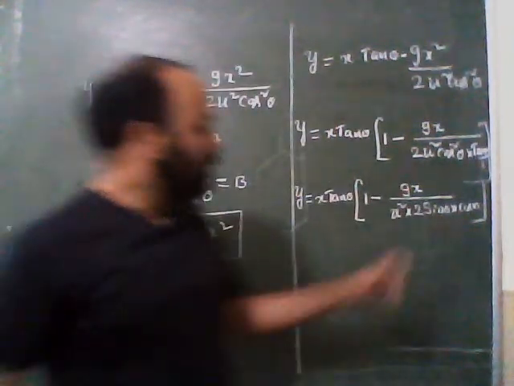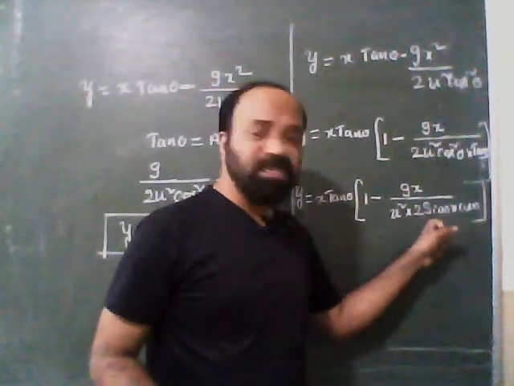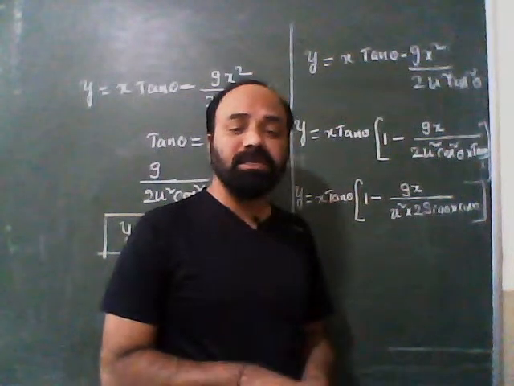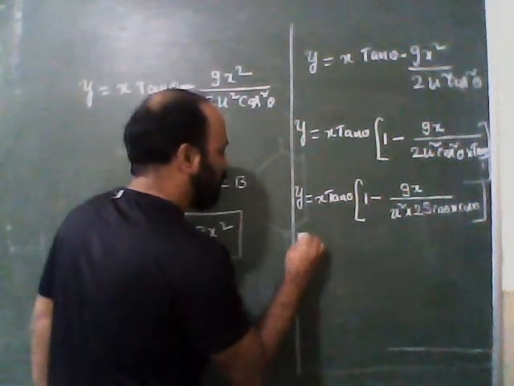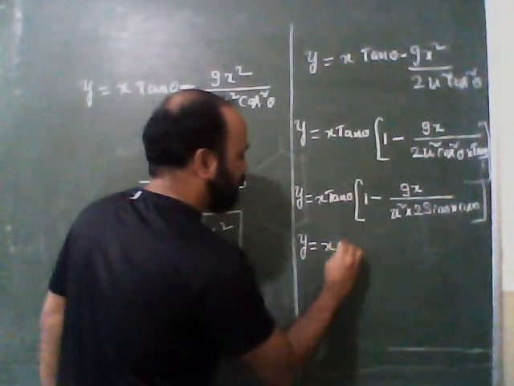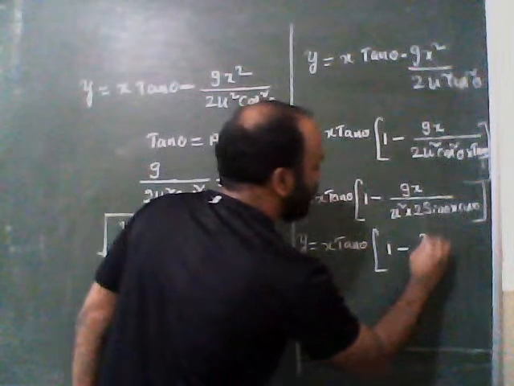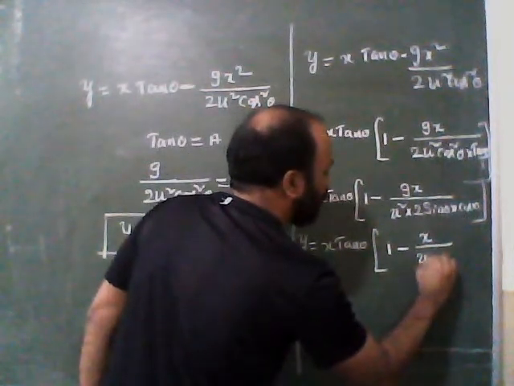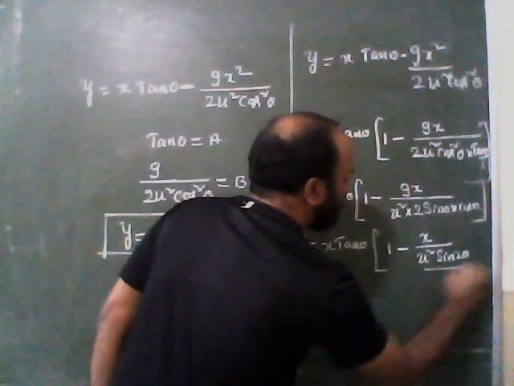See guys, here u square 2 sin theta cos theta is there. So 2 sin theta cos theta is nothing but sin 2 theta. So I am writing y equals x tan theta into 1 minus x by u square sin 2 theta by g.